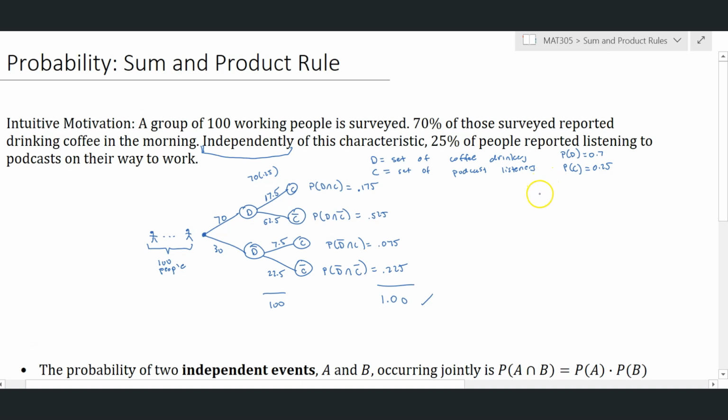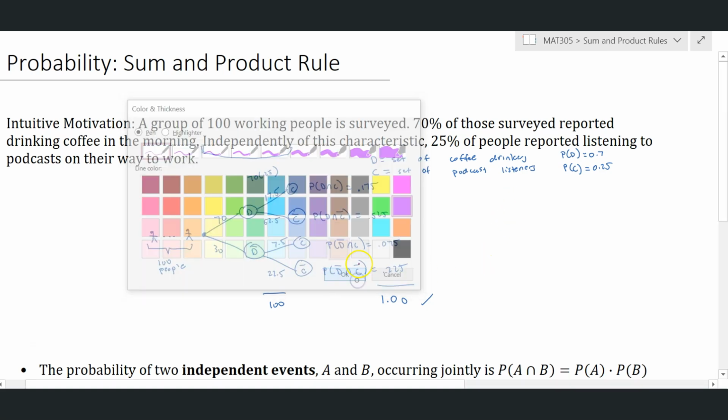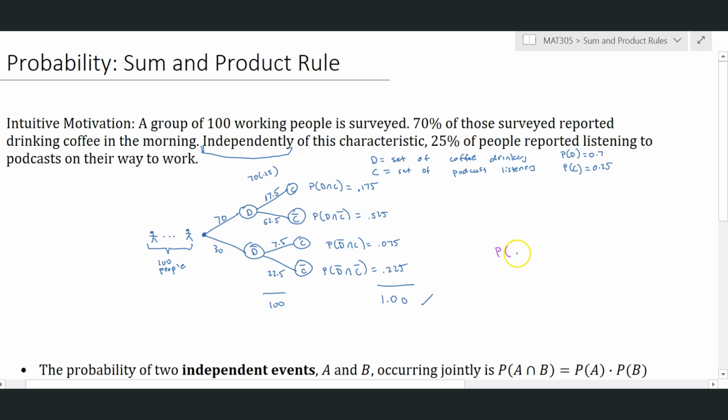Now, notice that if what I had set out to do was just to find, without drawing this tree diagram, the percentage or probability that a randomly selected person is both a coffee drinker and a podcast listener, well, let's think about what we did.